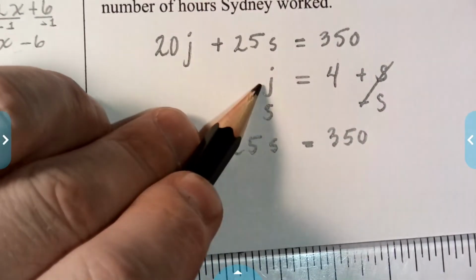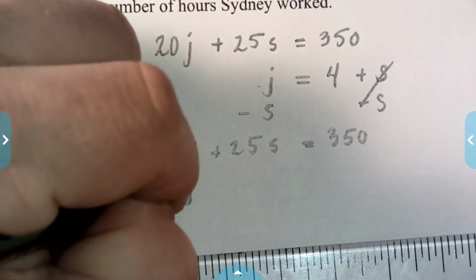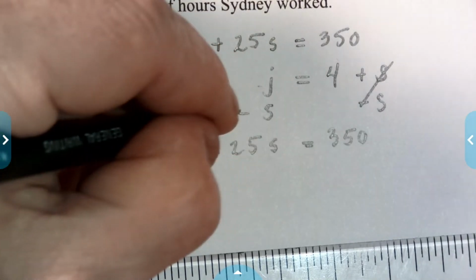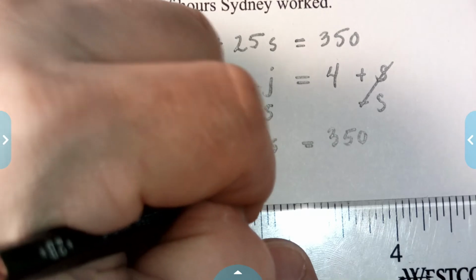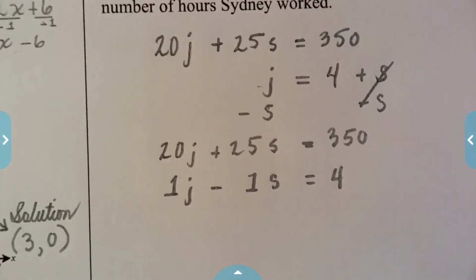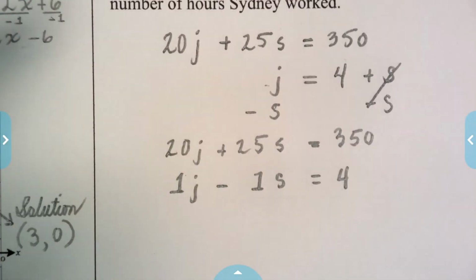And then this j goes underneath here. And we could say 1j minus 1s equals 4. Okay, so now I've got a system, right? Now you can work this just like any other system. So what would be advantageous here?